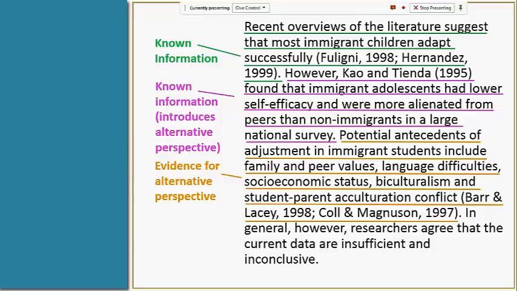I'm sorry, this would be like sources of post-migration adjustment. In general, however, researchers agree that the current data are insufficient and inconclusive. So pointing out that there still needs to be more evidence to support these findings up here.